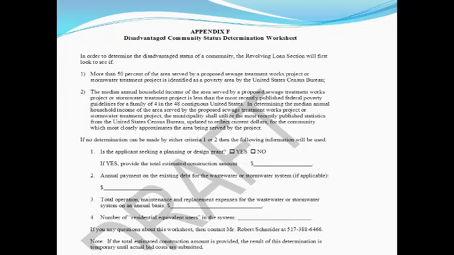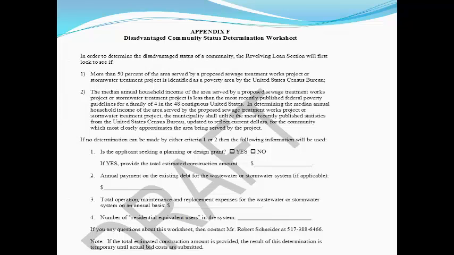Depending on which program the applicant is applying for within the SAW program, they will answer one or all of these questions. For example, if the applicant is coming in for a planning grant, then they will have an estimated construction cost, and they will be able to answer question 1, question 2, question 3, and question 4.